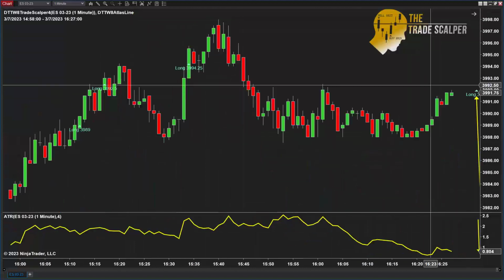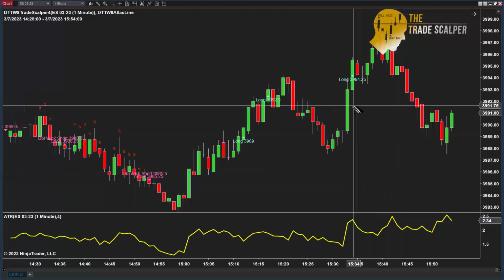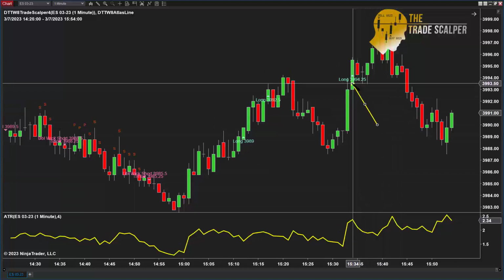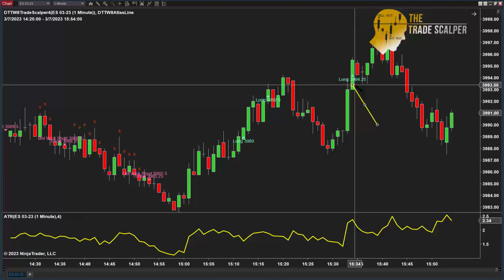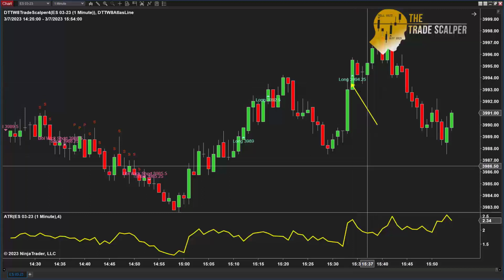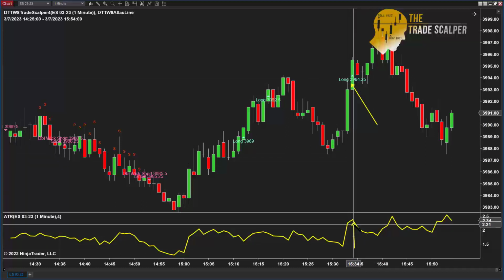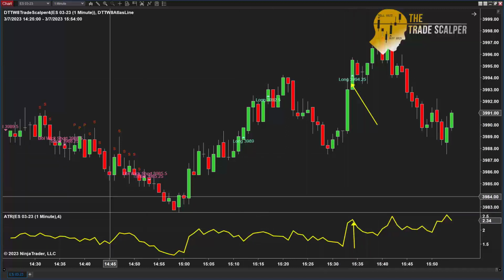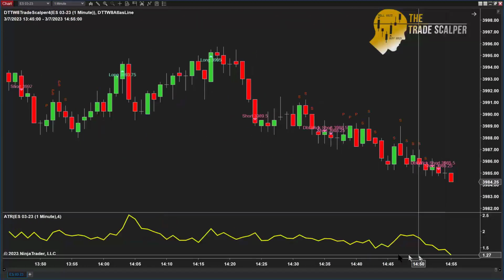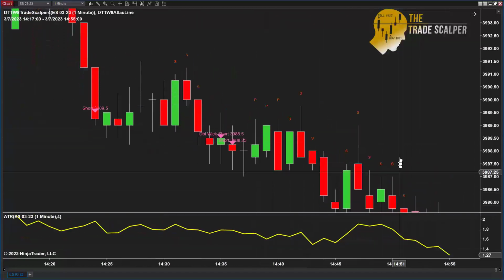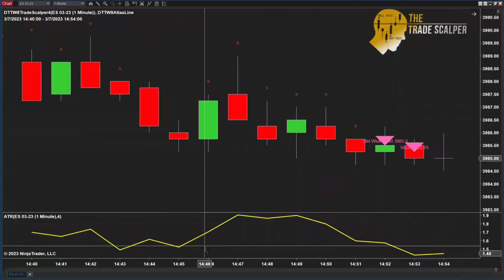If you want to take a look at another reason to use the ATR, you can see here that the Trade Scalper gave a long signal. I know that I'm focusing on shorts here for a minute, but if you consider whether or not you should be taking this based on the volatility, 39.94 quarter, this is about a 2-point trade. So it's worth it, right? The same thing here if you're going to take this short here. Let's expand this out here so everybody can see a little bit better.